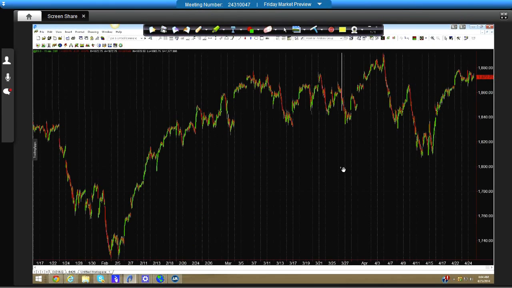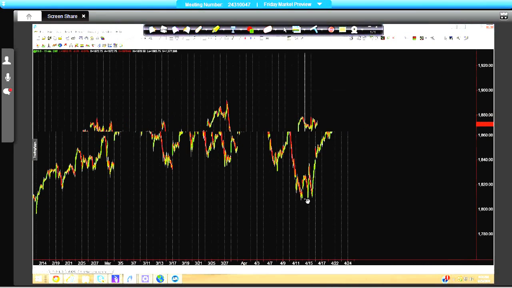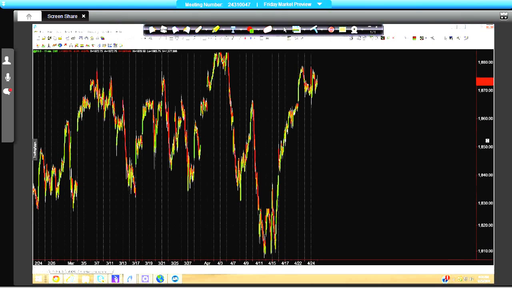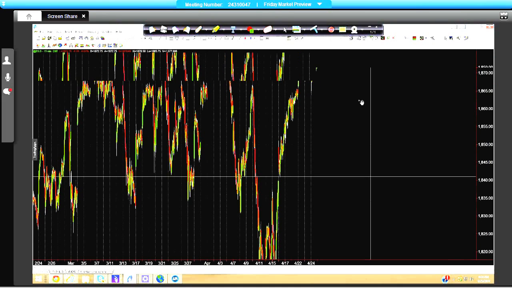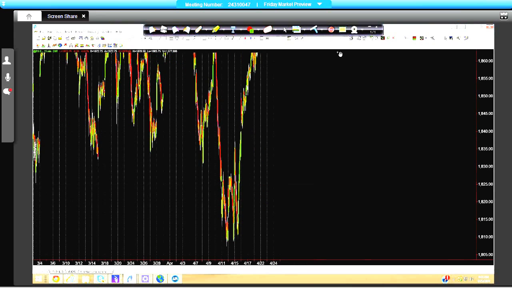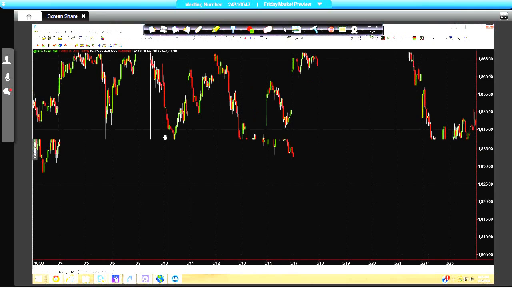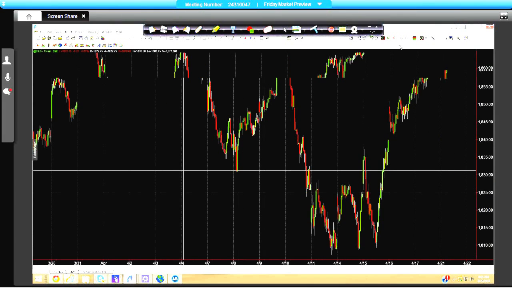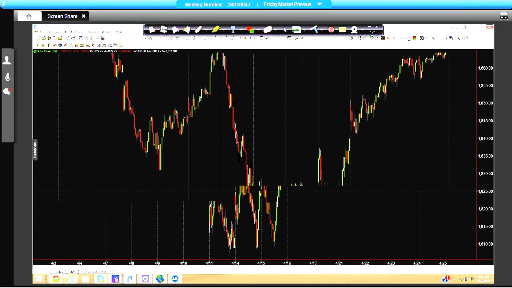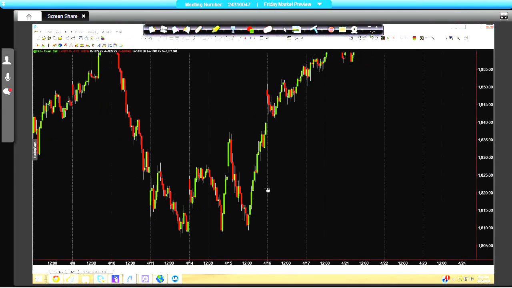Okay, see how we have these big ranging bars where we didn't auction over them repeatedly? How do I explain? Okay, so this is a good example right here. See how we just poorly auctioned this. We just basically took off.